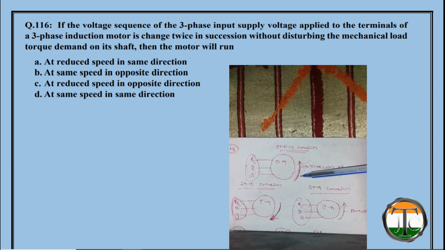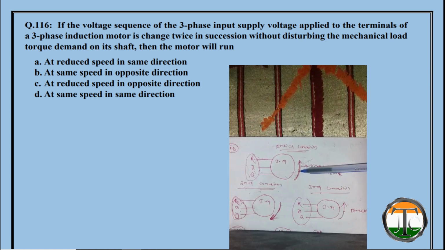So option D is the right answer, that is at same speed and same direction, as it is the same as the initial condition. Initially the motor rotated in anti-clockwise direction, and when we change the phase twice, the motor will again rotate in anti-clockwise direction. So option D is the right answer, that is at same speed in same direction.